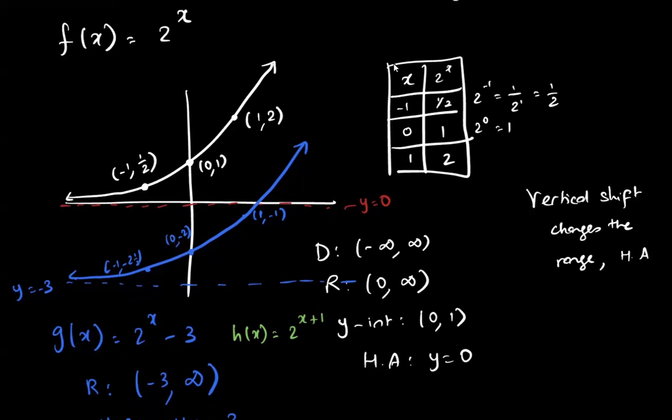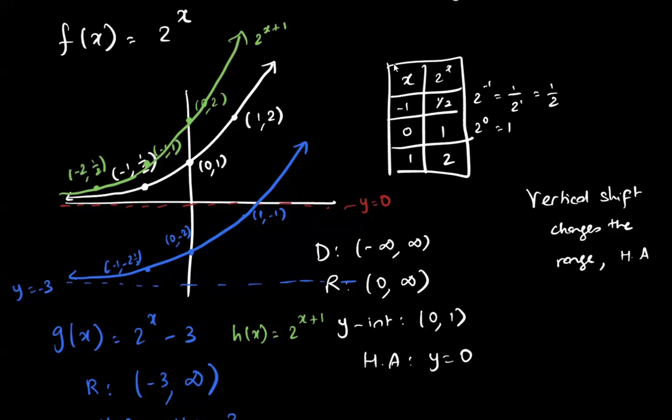Every x value moves to the left by 1 unit. Remember, left by 1 unit. So this one will now become (-2, 1/2). This will become (-1, 1). And this will become (0, 2). So your graph is going to be like this now, right?